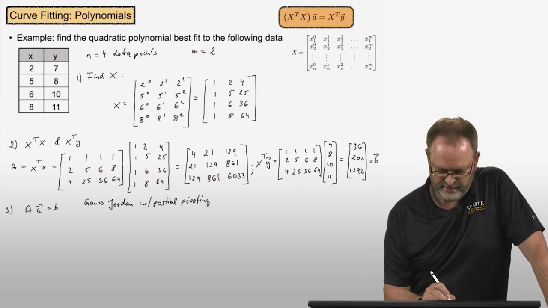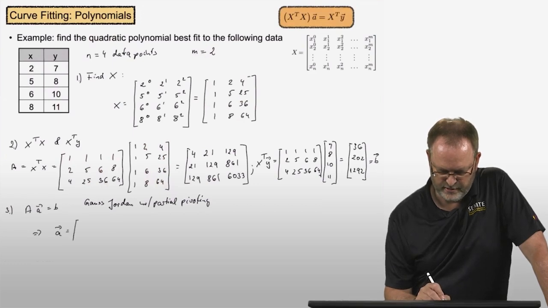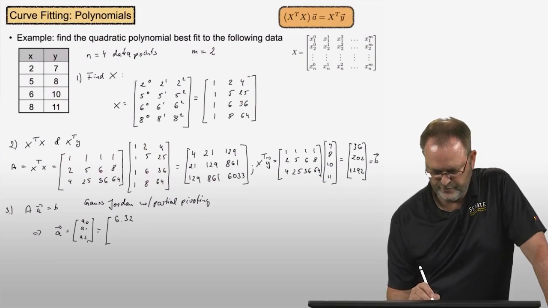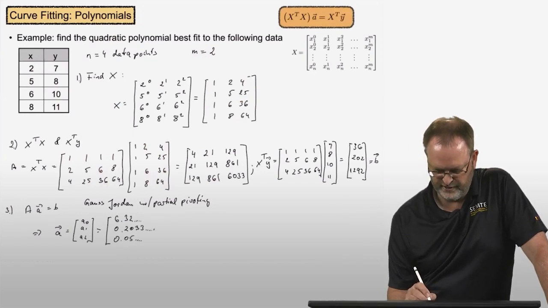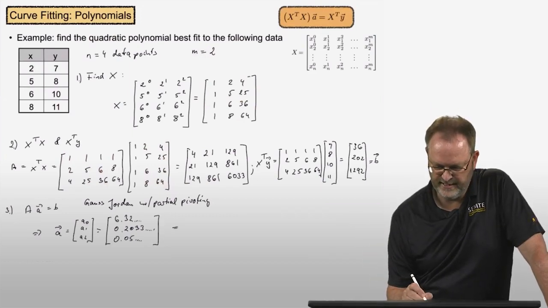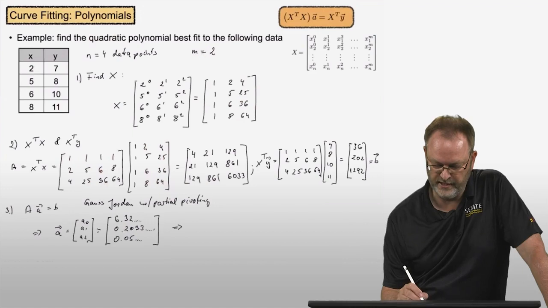And if we do this, the answer would be the vector of a values, a sub 0, a sub 1, a sub 2, equal to 6.32 and so on, further digits, 0.2033 and further digits, and 0.05 and further digits. So those are the coefficients. So now I can write that best fit quadratic polynomial.